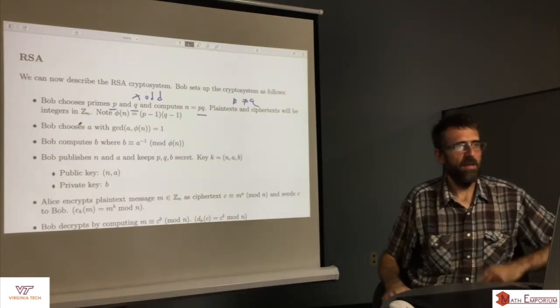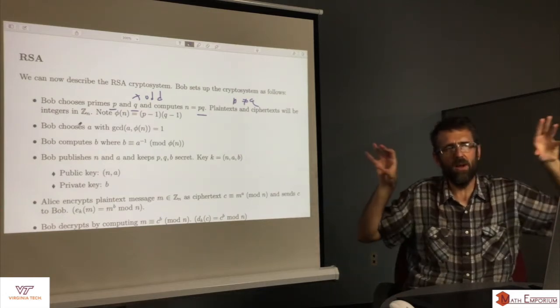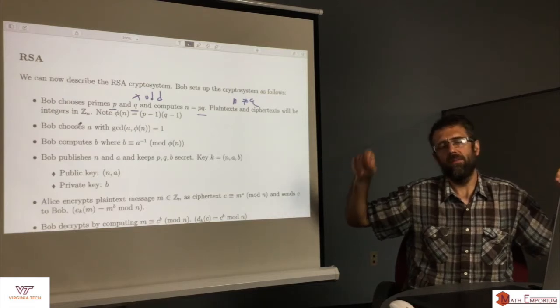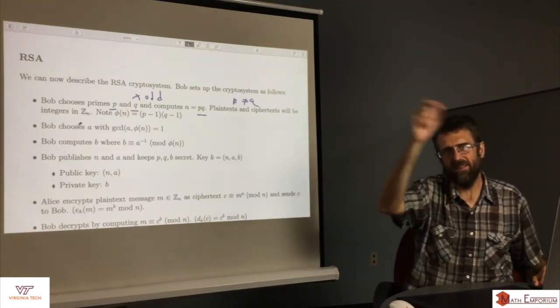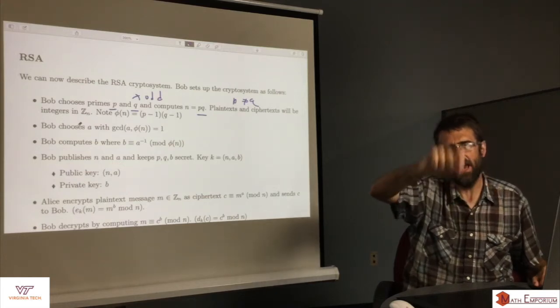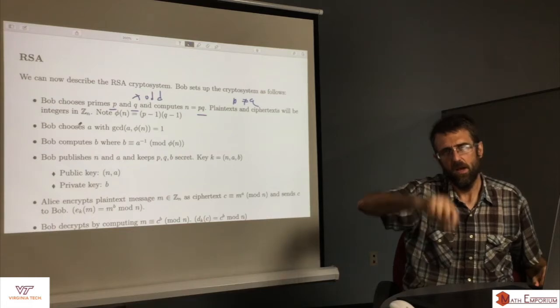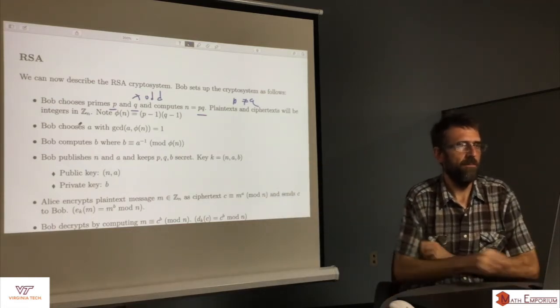We'll talk a little bit about encoding, but for now we're not going to worry about the details of that. We're just going to assume that we have some way of taking messages, translating them into integers in Z mod n, and now we're going to encrypt integers in Z mod n as other integers in Z mod n.